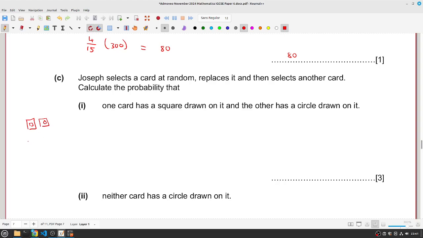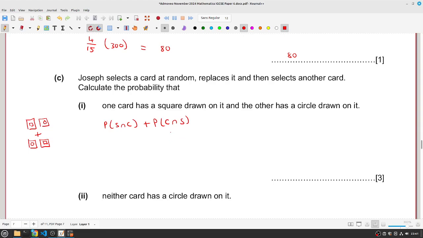But we could also draw it the other way around, right? We could also first pick a circle card and then pick a square card. So we have to account for both of those. So it's this first one or that one. Okay, so we're going to say the probability of getting a square and then a circle, or getting a circle and then a square. Right?